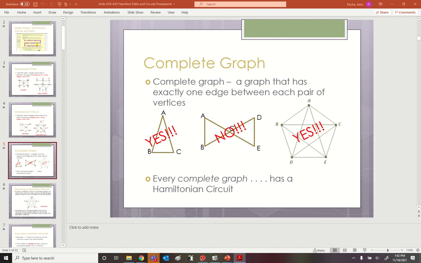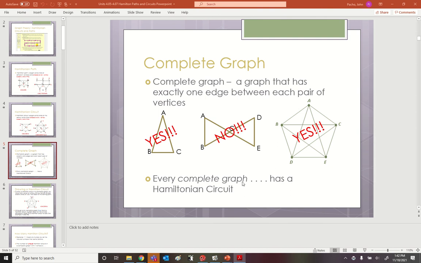All right, do we have them all down? All right, let's see now. And the last vocabulary I have says every complete graph has a Hamiltonian circuit.